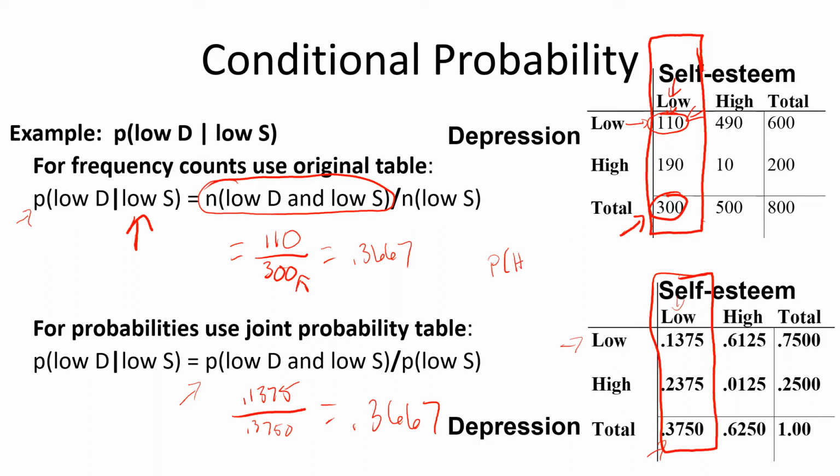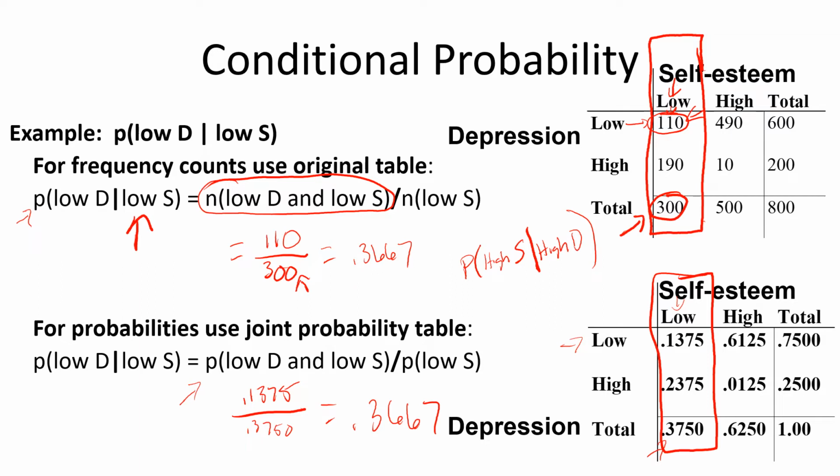I think I said that wrong, so let me erase that because I said it the other way before. What is the probability of high self-esteem given they've got high depression? I gave the given as high depression. What's the probability someone has high self-esteem given they've got high depression?